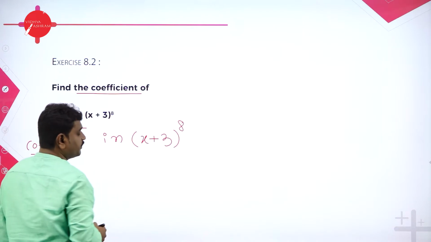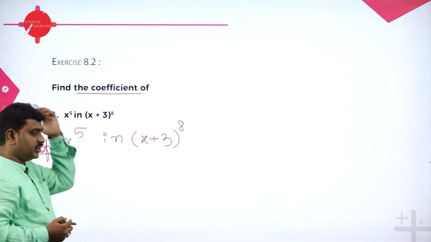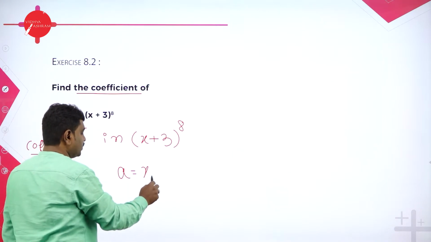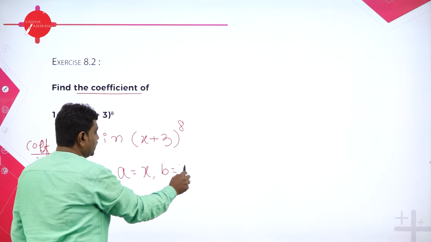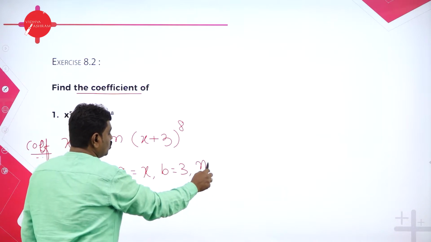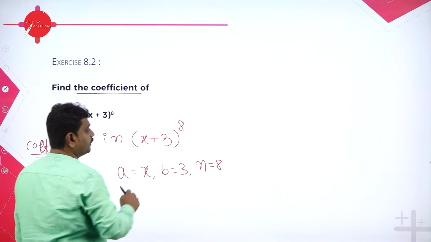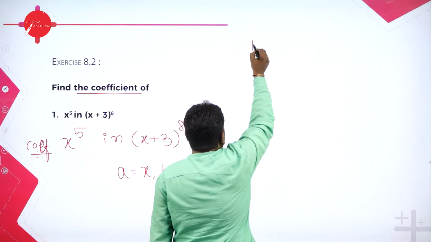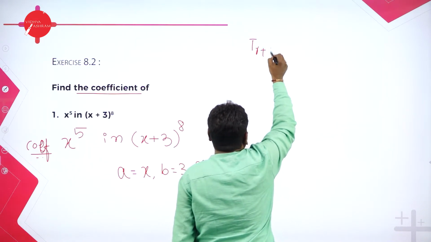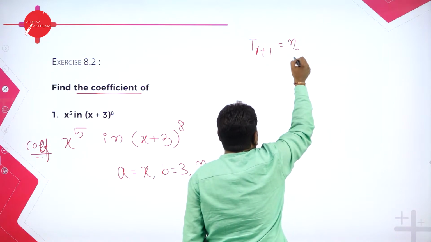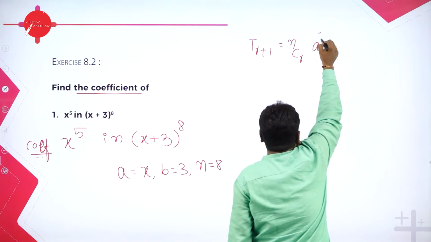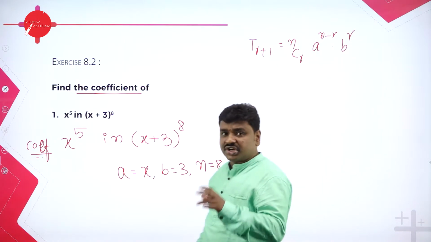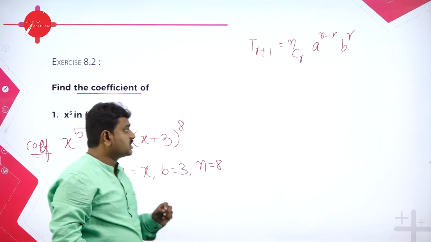Dear students, here we will take the first term a is equal to x, b is equal to 3 as the second term, and n is equal to the overall power, 8. Now we will use the formula for the general term. What is the general term formula? T(r+1) is equal to nCr a power n minus r into b power r. So I wrote the general term formula and now I'll substitute.